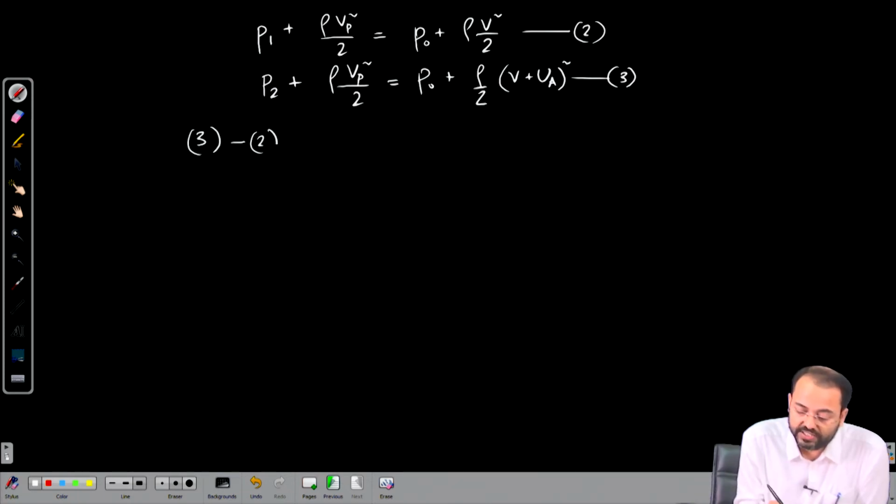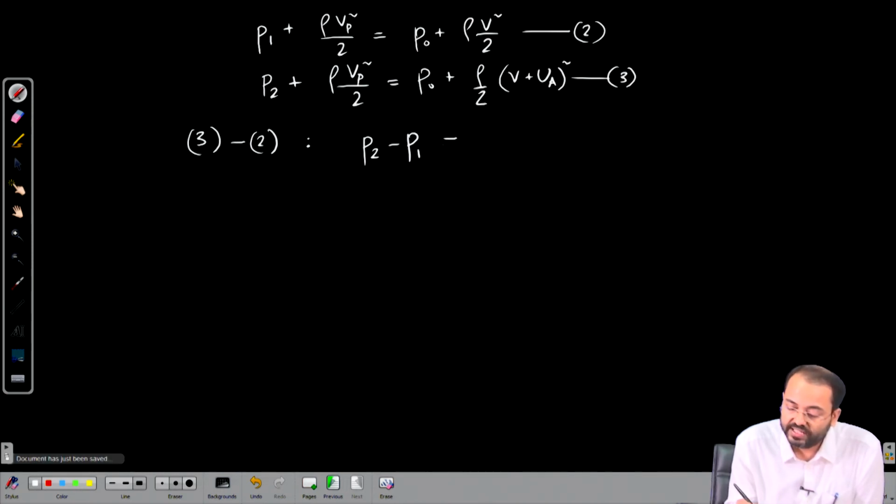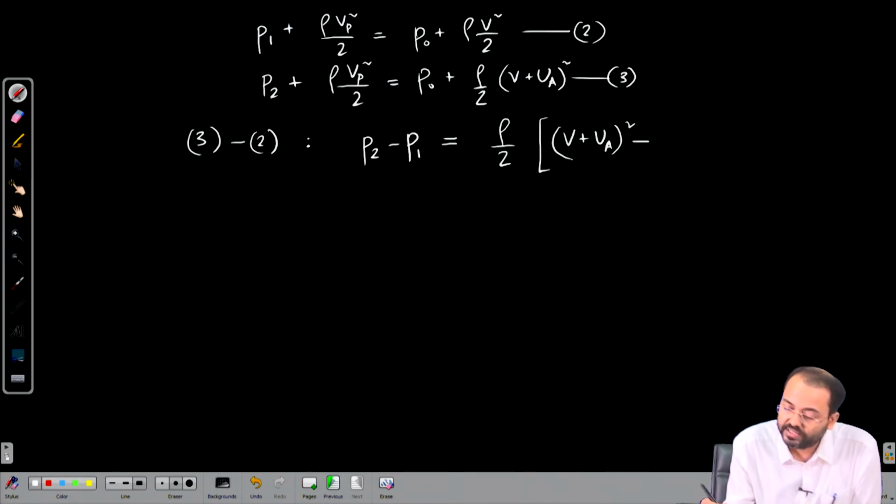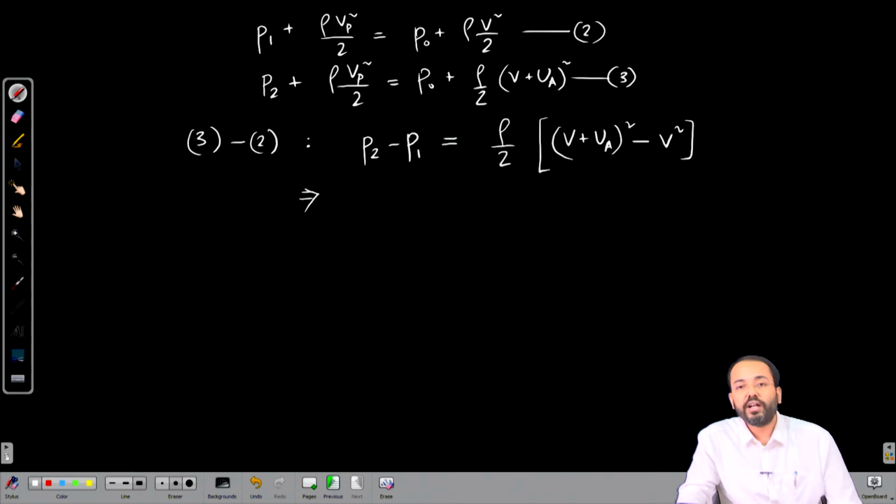If we go to the next page, now if we subtract 2 from 3, writing 3 minus 2, we get P2 minus P1, the rho Vp square by 2 term will be cancelled, equal to, again P0 will be cancelled, rho by 2 if we take common, (V plus UA) whole square minus V square. Now, what is P2 minus P1?